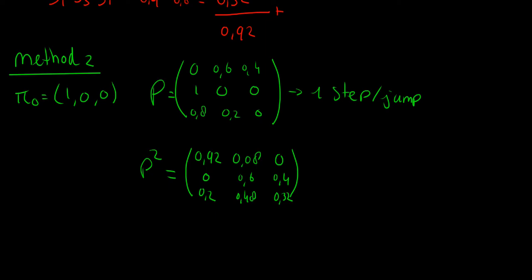And what this is saying is, again, from state 1 to another state, so going from state 1 to state 1 in 2 steps, this matrix right now denotes 2 steps or 2 jumps by the frog and its probability.